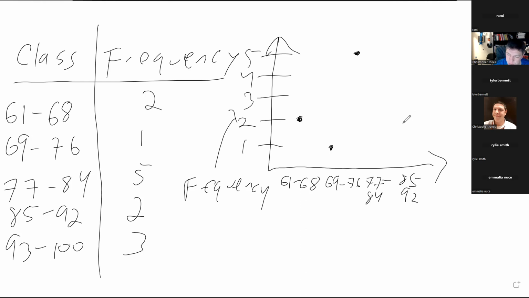Finally, there were 3 folks that got the 93 to 100. The last thing we do is label the axis as grades, and of course we need a title for the graph. The title would be, I think, Math 216 Final Exam Grades.